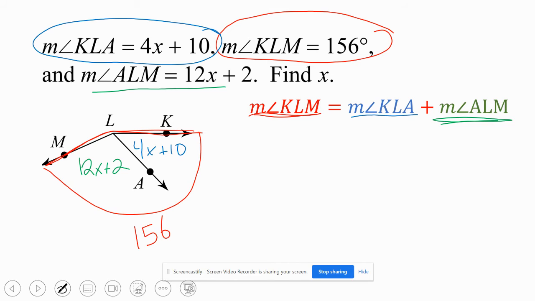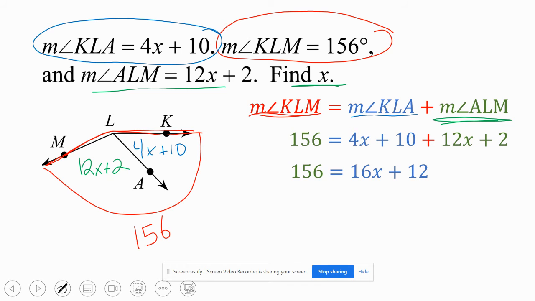So this is where we have to solve an equation, right? Find the value of x. So I plug in what I know. KLM is 156. KLA is 4x plus 10. ALM is 12x plus 2. Combine like terms. 4x plus 12x is 16x, right?